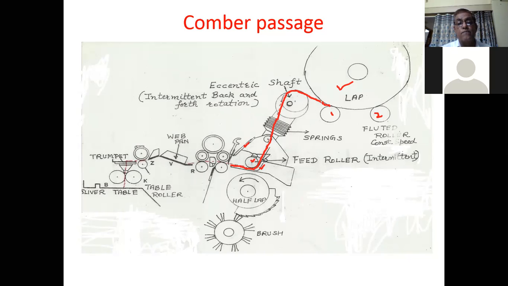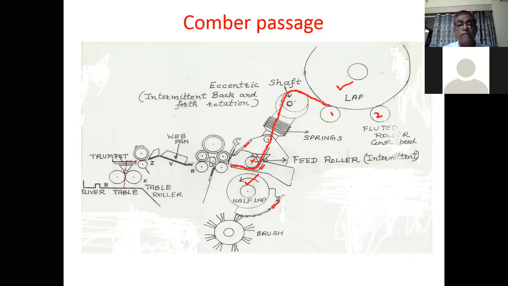So the lap sheet is passed, and this is the half lap, which contains metallic wire points on half of its surface. The nippers are going forward and backward. They are opening and closing as per the combing cycle which we studied yesterday.